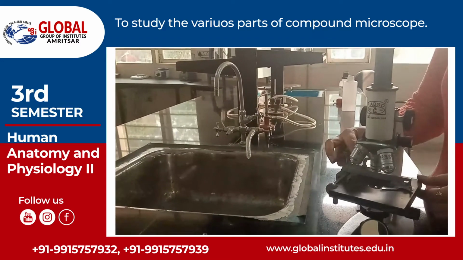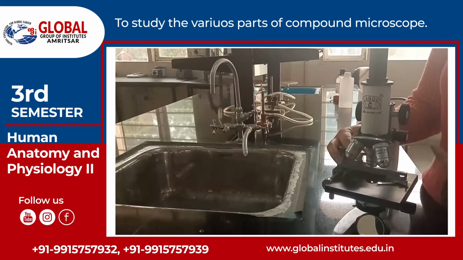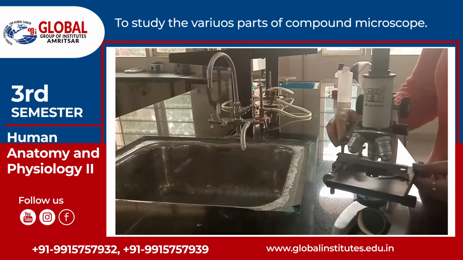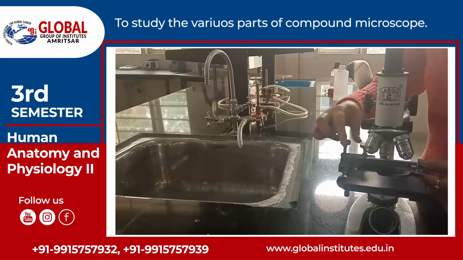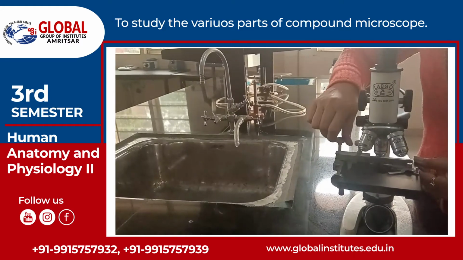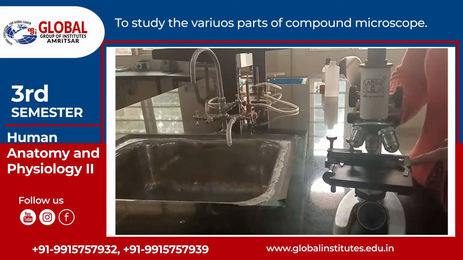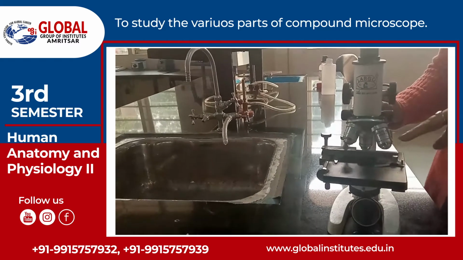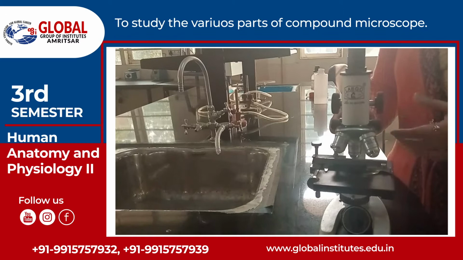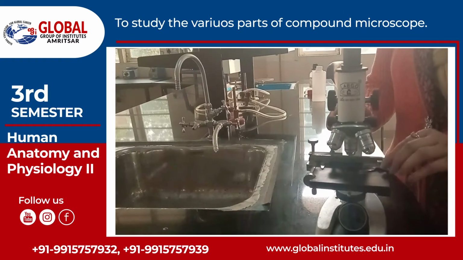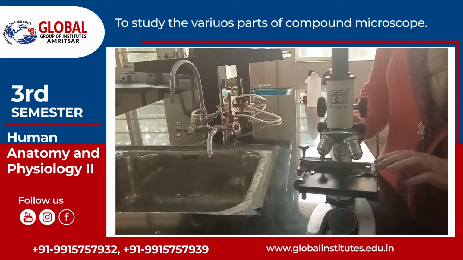This mechanical stage is used when we have to study the specimen more deeply, because it is having these two knobs which provide side movements or forward and backward movement to the specimen, and it is also having a clip. The main function of this clip is to hold the specimen which is kept on the slide over the stage, so that it will not cause any kind of disturbance while studying it.